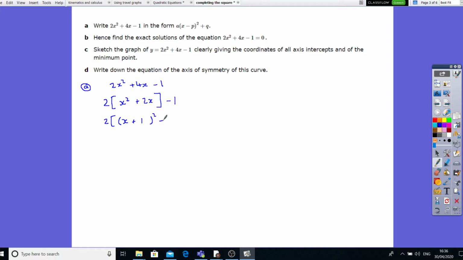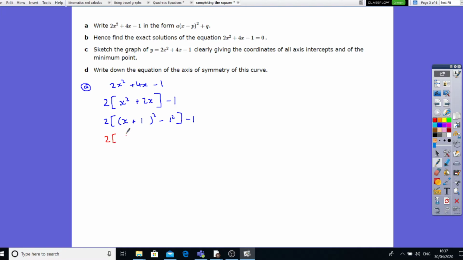Then I must always take away this number squared, so that's 1 squared, and I'll close the bracket there, and minus 1.